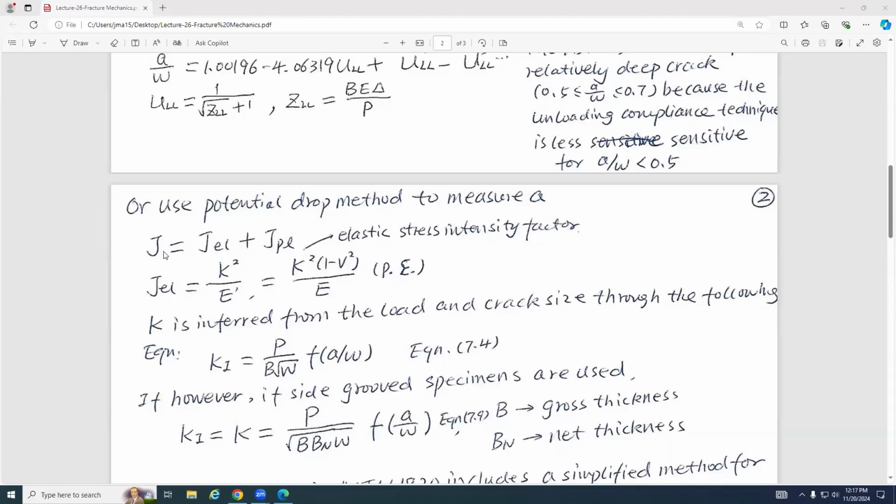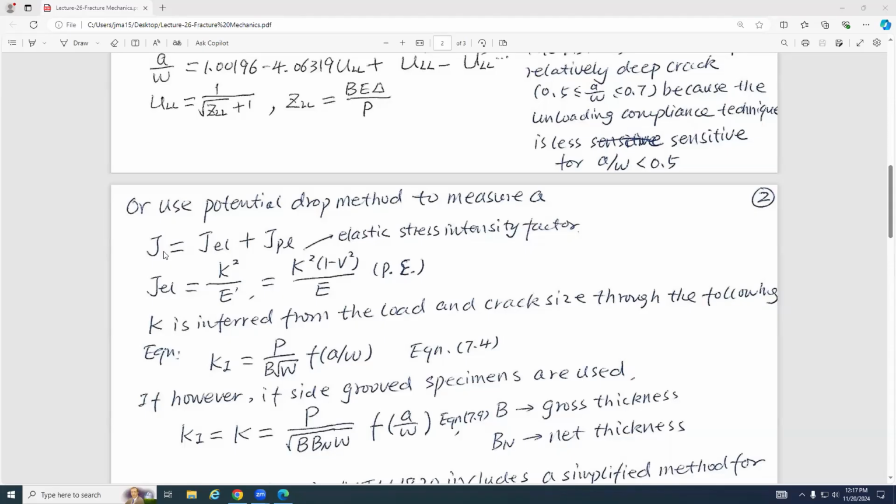I want you guys to take a look at the side grooved specimen, and also to know why sometimes we need to use this one. The reason we use the side grooved specimen is that we want to enhance the triaxiality of the stress state. Good.